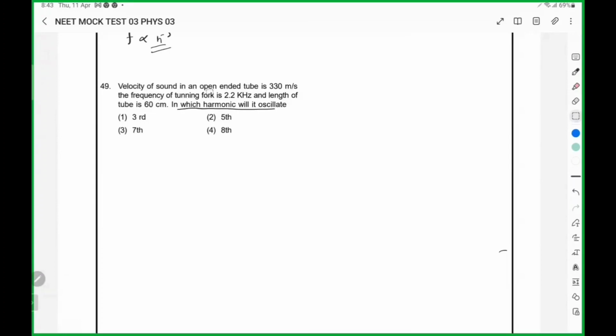The velocity of sound in an open-ended tube is given. Frequency of tuning fork is given. Length of the tube is given. In which harmonic will it oscillate? So when they are in resonance, the tuning fork oscillates.